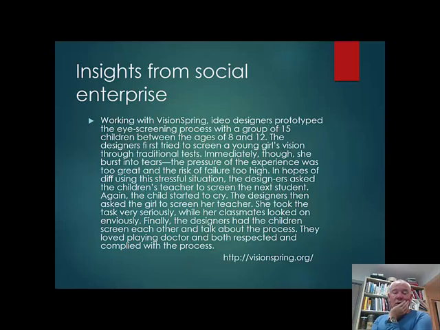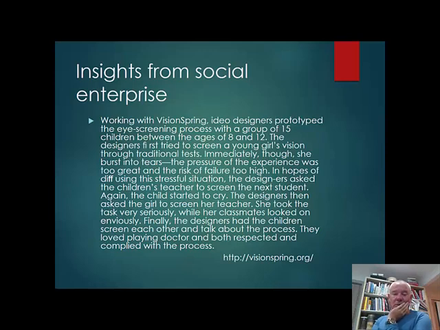So that, of course, connects to our participatory design discussion. Not really co-design, but certainly participatory design in a social design project using design thinking.